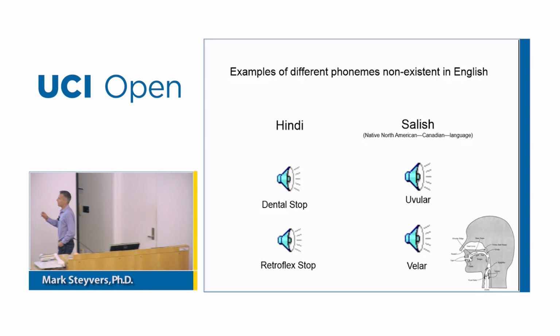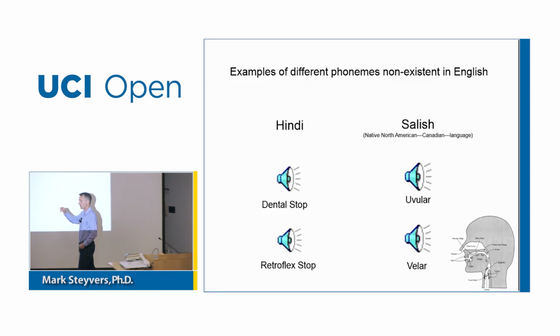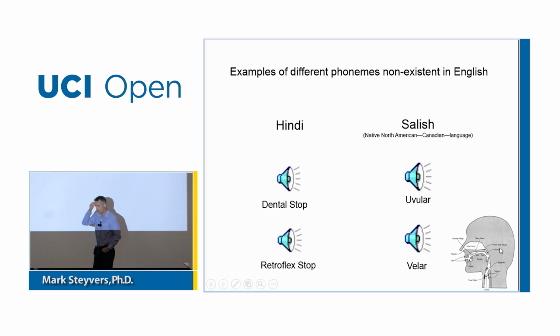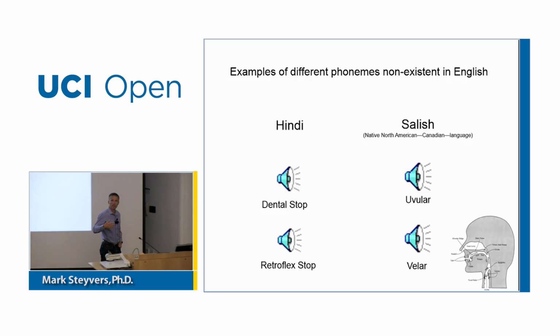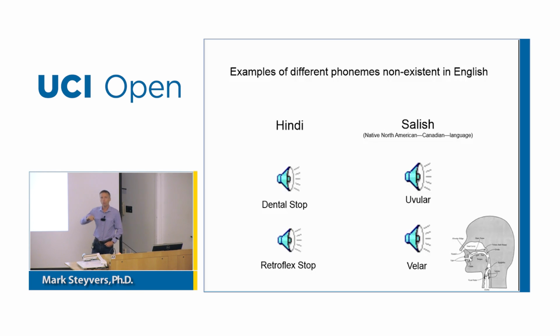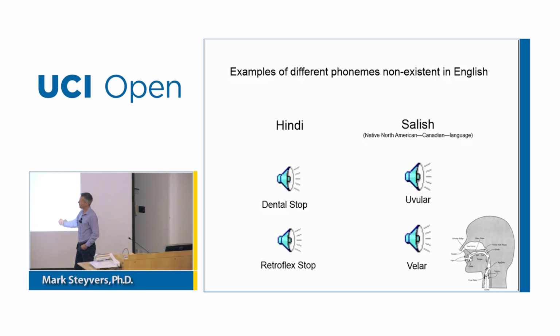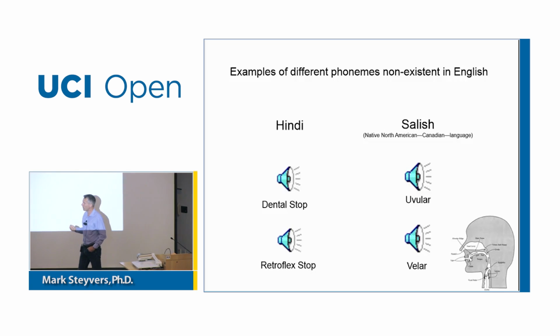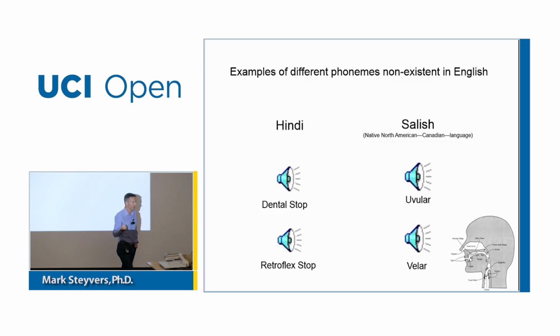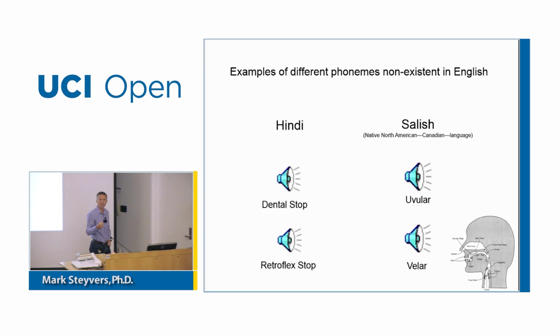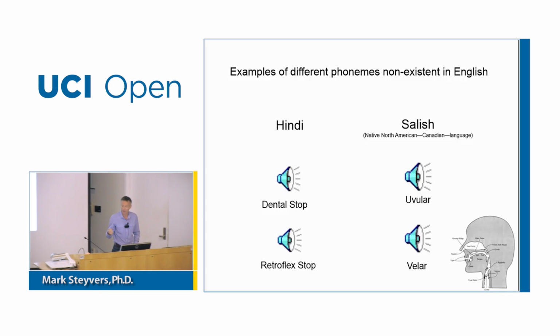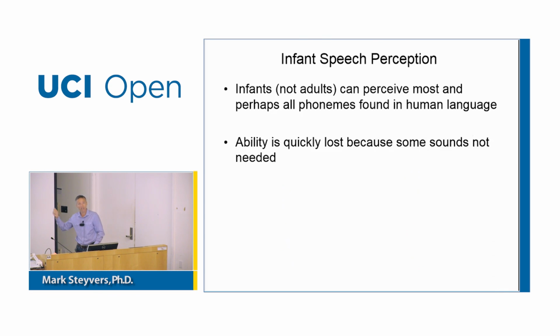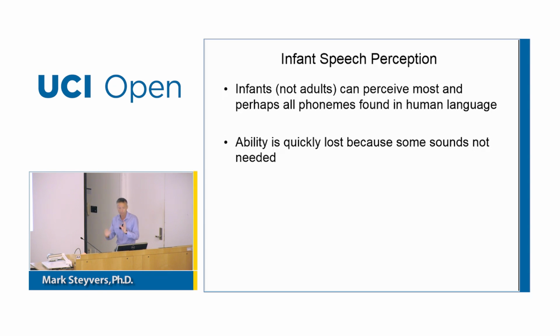So if our higher level knowledge, our knowledge of the native language, influences how we perceive that language, that must mean that at some point in time we actually were able to hear those differences. As it turns out, infants can hear those distinctions that adults cannot hear. This is one instance where an infant is vastly superior to an adult. They would actually hear those Hindi and Salish differences even when growing up in an English household, at least at some point in time.